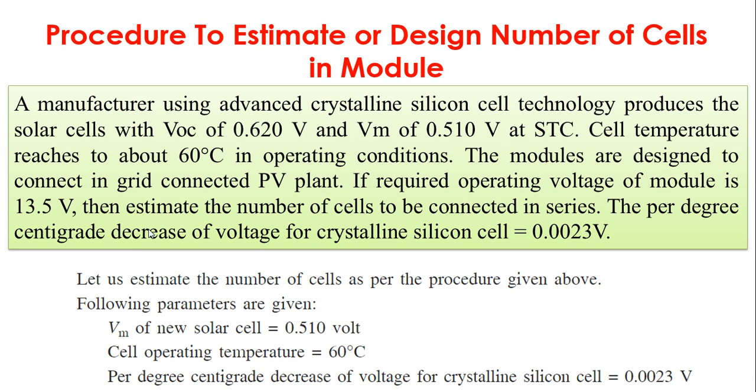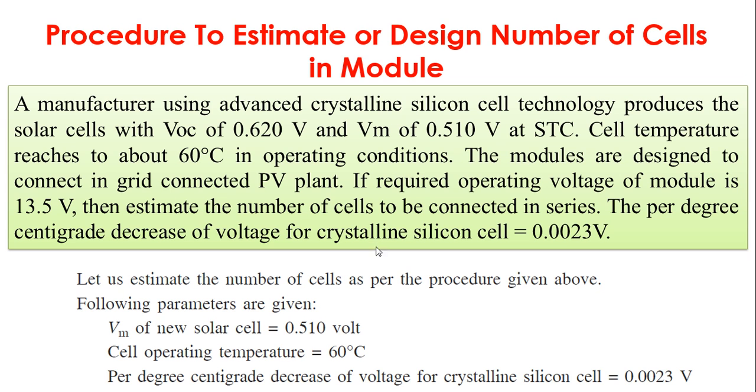Per degree centigrade rise in temperature, there will be a decrement in the voltage of 0.0023 volt. Means if you increase by 1 degree Celsius for this material in this technology, then this much reduction in the voltage has been observed. So let us examine the number of cells as per the procedure given above.